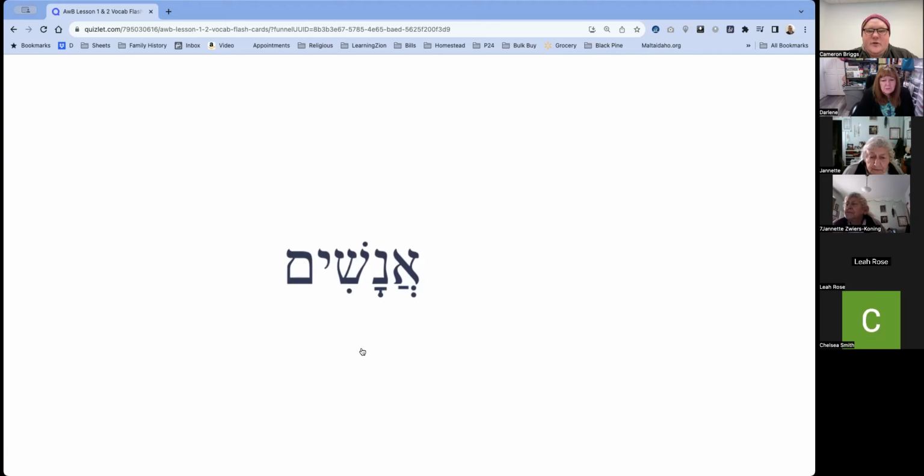So is this one of our exceptions, or is this just a regular vav in front of it? There's a patach. So when we put a vav in front of it, the vav is going to have a patach, because this starts with a chataf patach. So it would be va anashim.